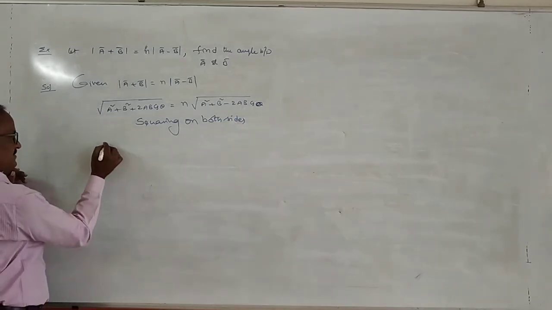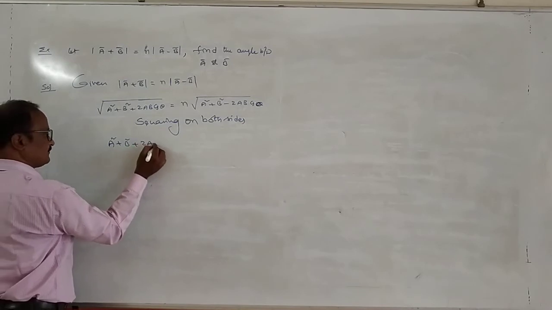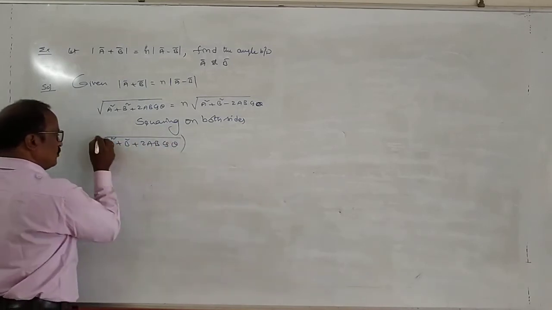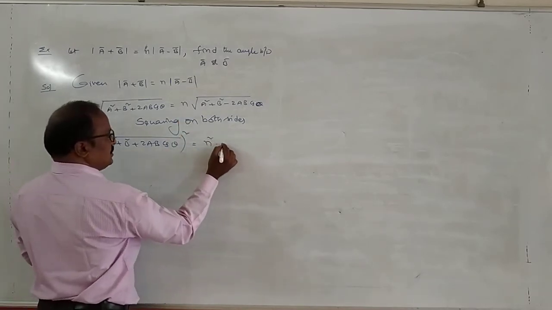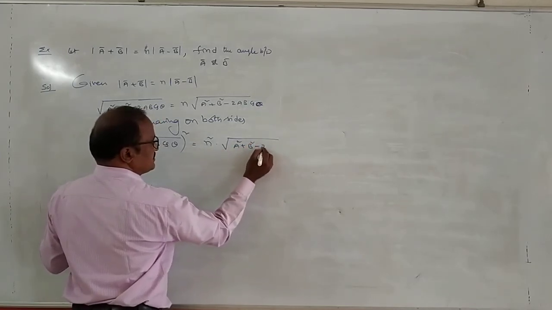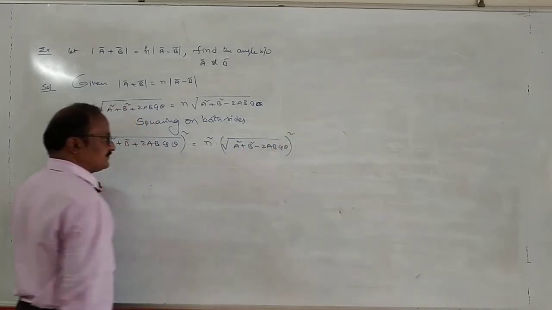Squaring on both sides means root of a square plus b square plus 2ab cos theta, whole square, is equal to n square into root of a square plus b square minus 2ab cos theta, whole square.